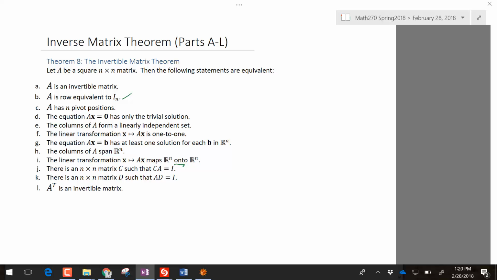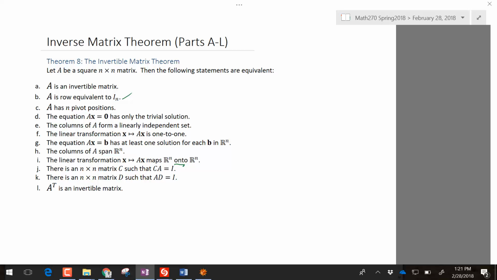Okay, so this is the first part. As we learn more theory, like determinants, we can add on information about determinants here. Another thing that you would add on once we learn determinants is that the determinant of the matrix is not equal to 0. If the determinant of the matrix is not equal to 0, then it's going to be invertible.